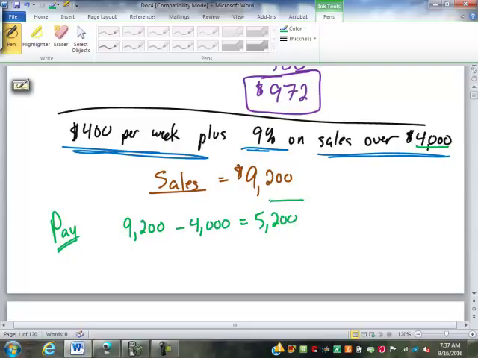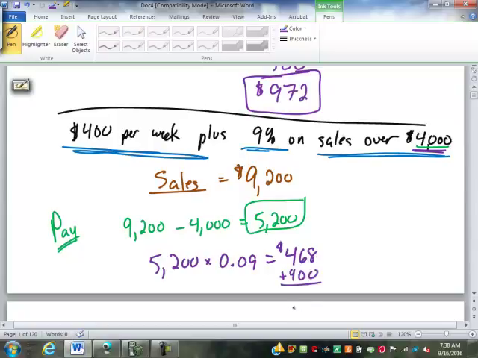You get 5,200. That's what they call the commissionable sales. So that's the 5,200 times 0.09, which is what, 468? The 4,000 you don't count. You only get commission on the sales over 4,000. So then you get your $400 salary on top of that. It's your 868. Make sense?